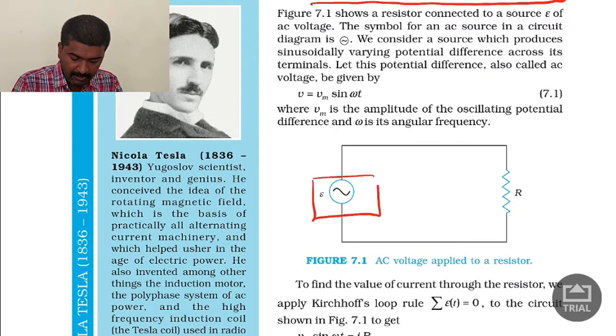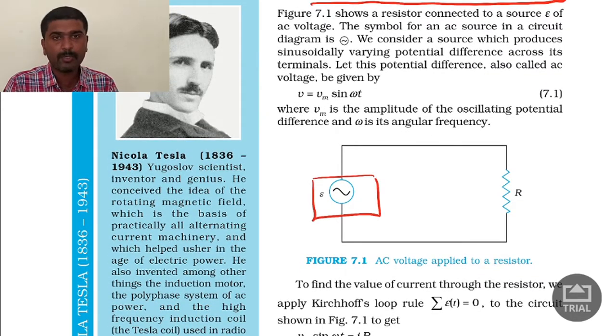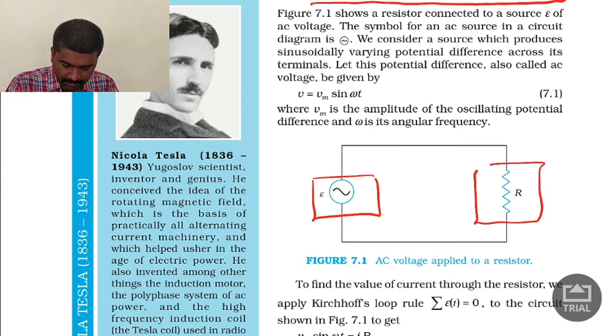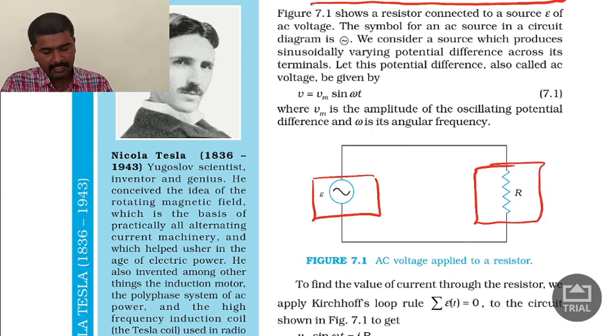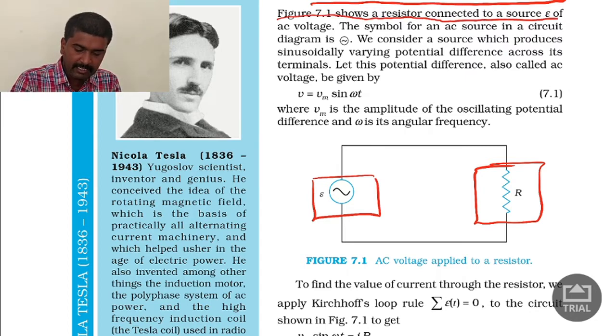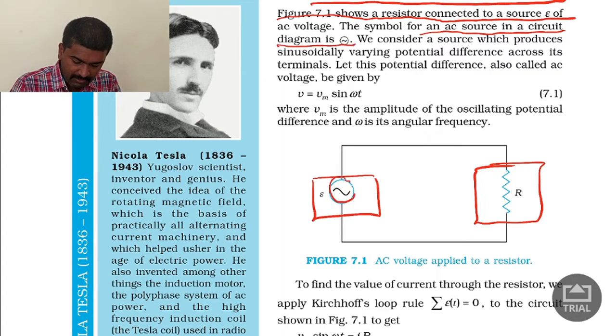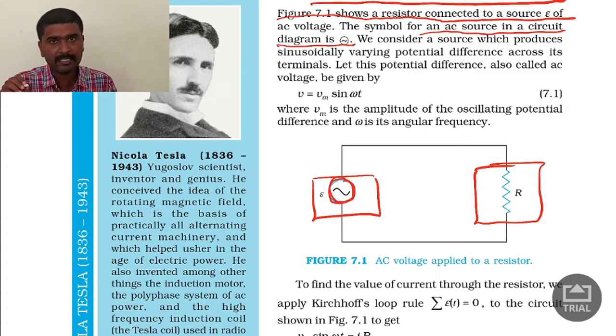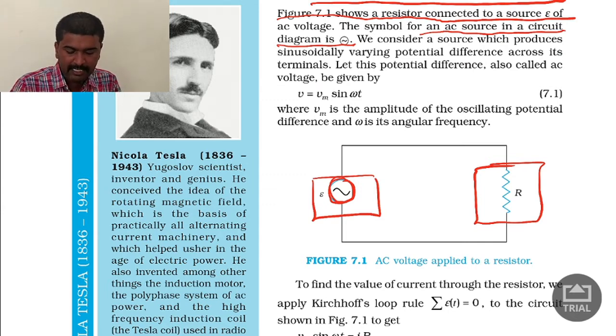So we are connecting this voltage to a resistor of resistance R. This figure shows a resistor connected to a source E of AC voltage. This is the symbol to represent an AC source, and we consider a source which produces a sinusoidally varying potential difference across its terminals.